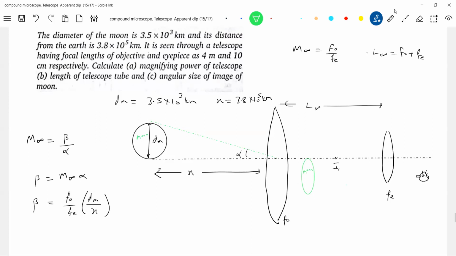It is asking this angular size. Actually, it should have been M25. If it were M25, I would have given the diameter also. Then the image is formed at 25 centimeter, then you know beta, then you can get the diameter.